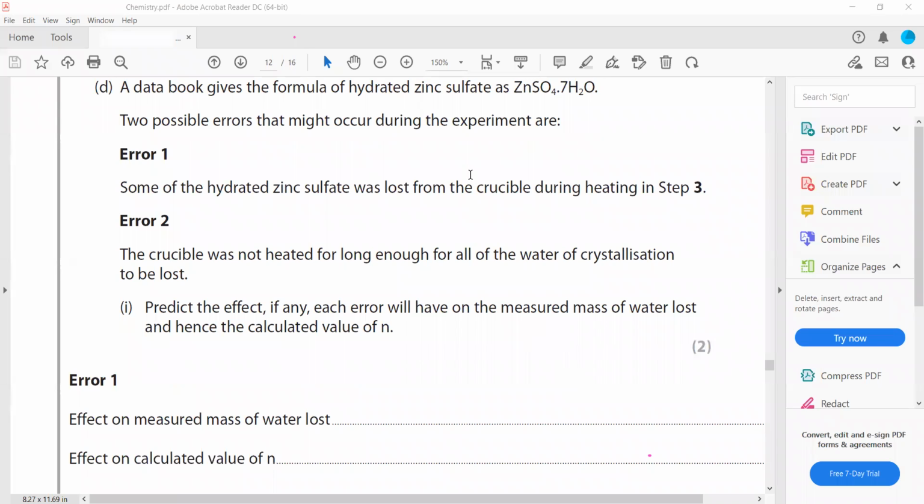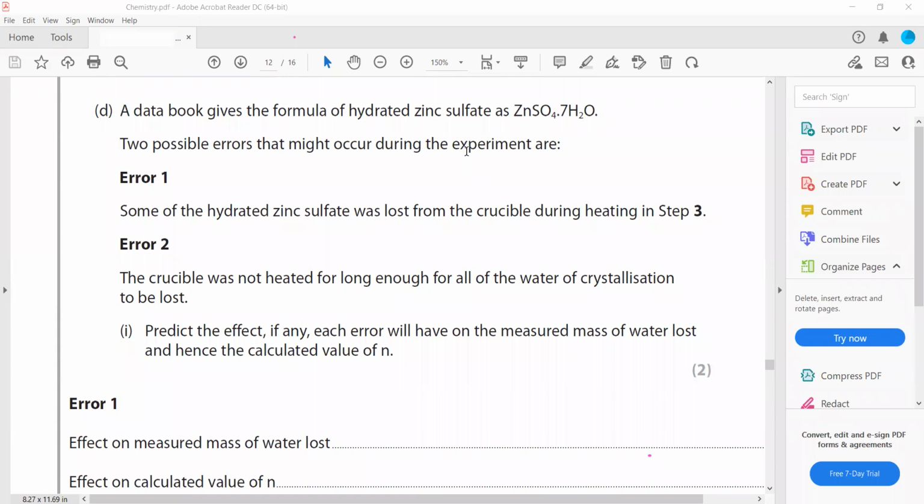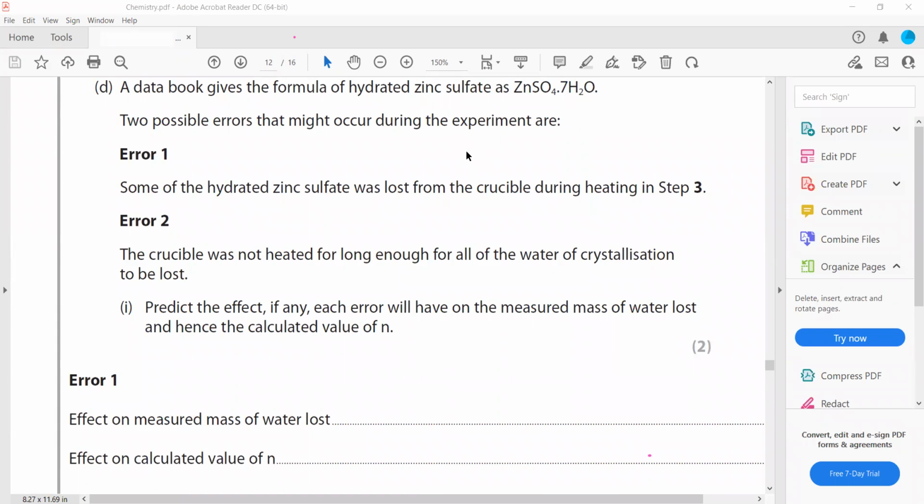First, some of the hydrated zinc sulfate was lost from the crucible. Effect on the mass of water lost: that will be more, because if zinc sulfate goes out from the crucible, when we measure the mass before and after, there will be a greater decrease in mass. The original mass is not changing, but the final mass will be a smaller value.